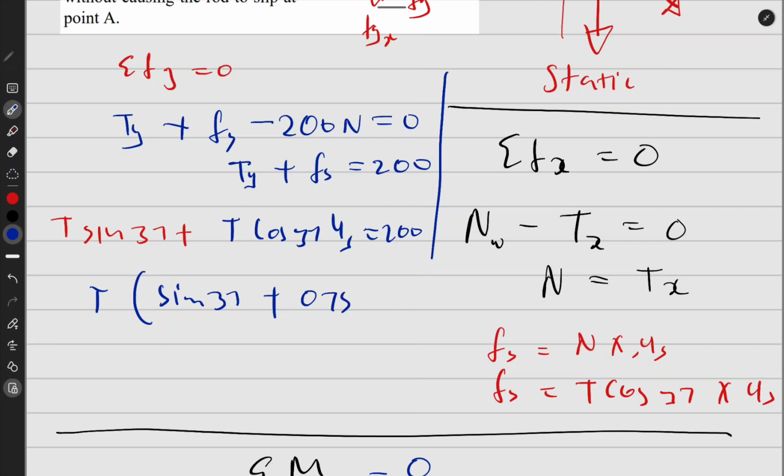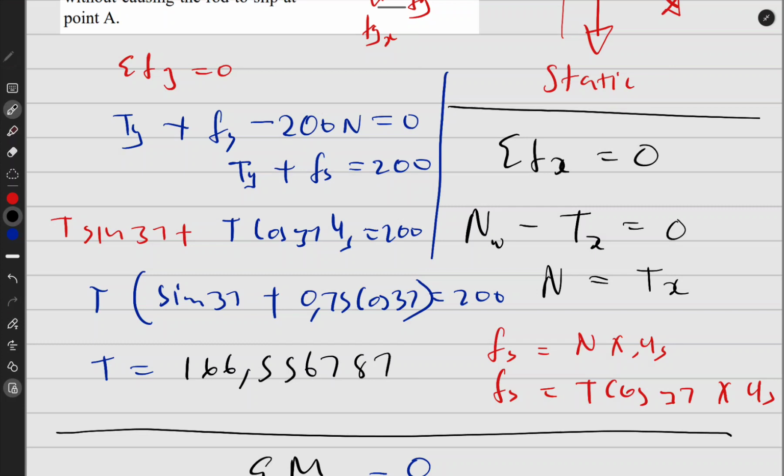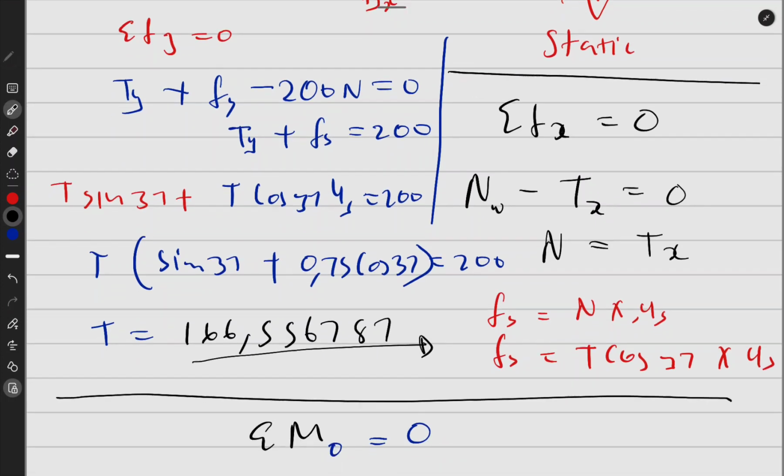0.75 cos 37 is equal to 200, and I can close here and find T by dividing 200 by this. If I did the math right, obviously I hope I did, I got 166.55678, depending on the significant figures, but I hope you just keep this like this because you're going to use it anyway.